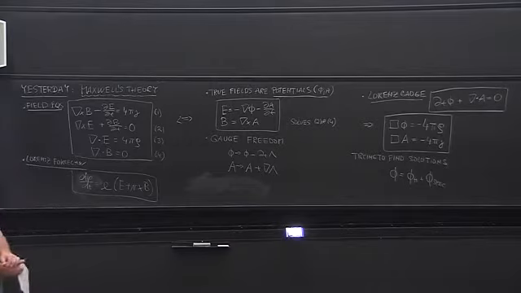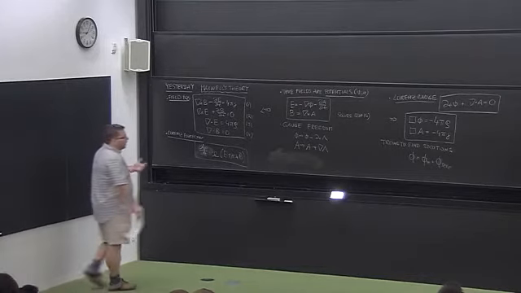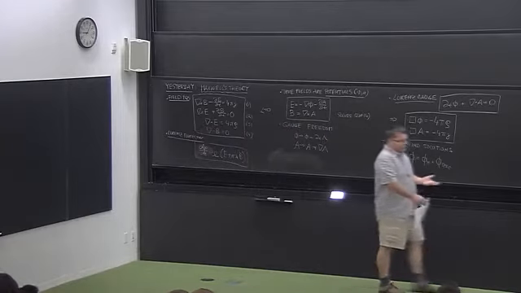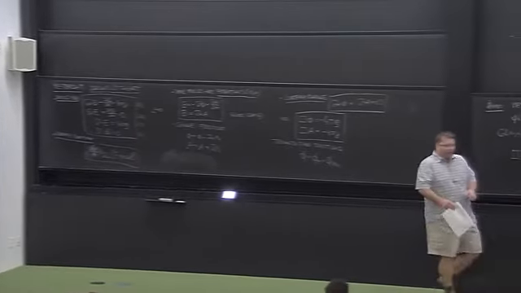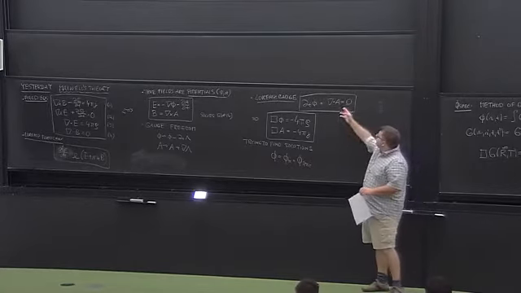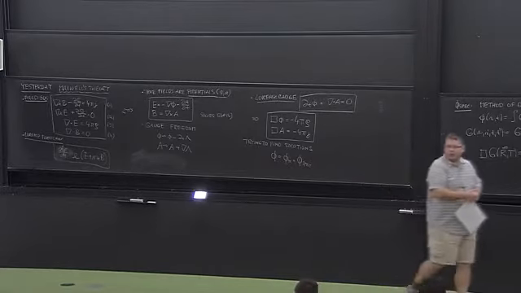So I have this freedom here, and in particular, you can use this freedom to choose some very nice gauge, and the gauge I'm using here is the Lorentz gauge, which is written here. But of course, you can use other gauges as well.